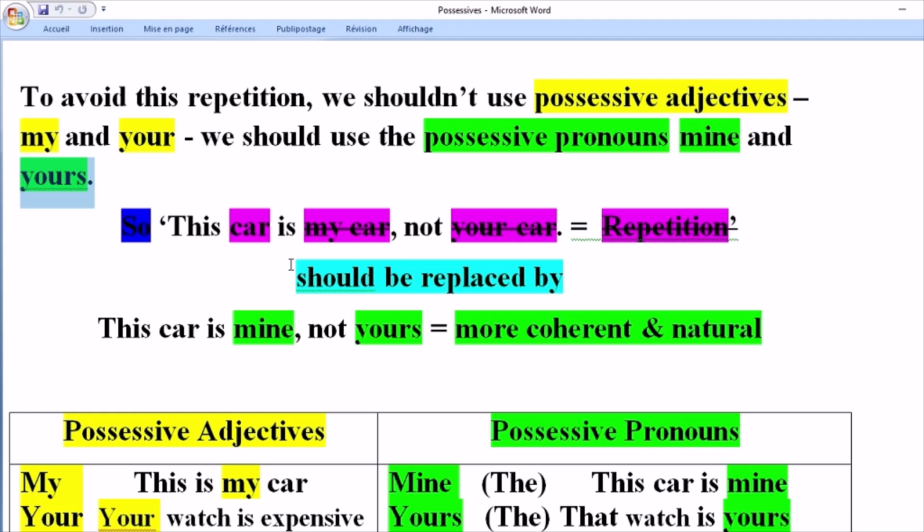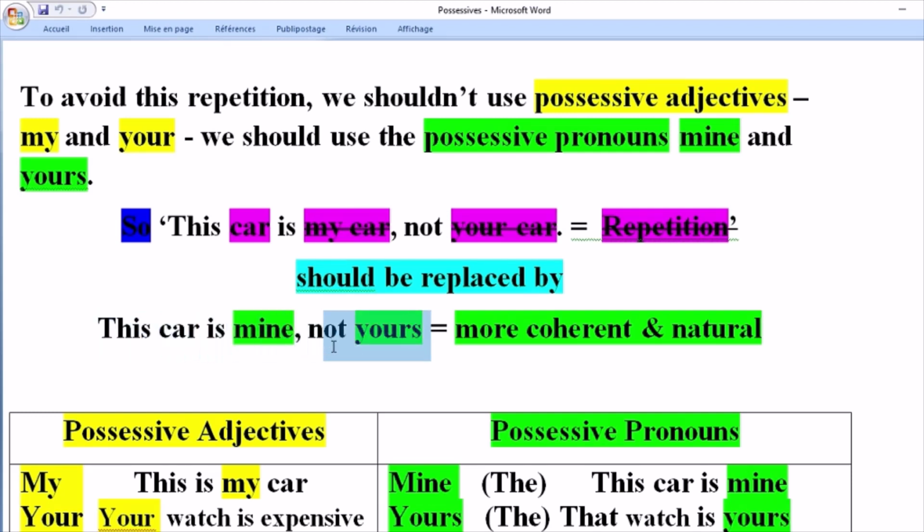This car is my car, not your car. Here we have got repetition as we have just shown. This sentence should be replaced by: this car is mine, not yours. So what do you notice here?